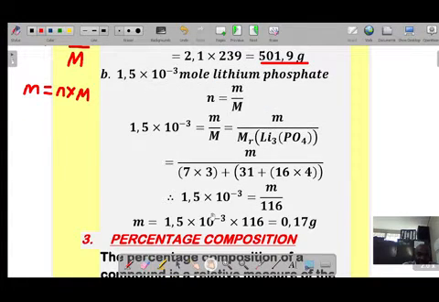By cross multiplying, you multiply the moles times the molar mass, which gives us a mass of 0.17 grams. So hope that was pretty simple. Let us proceed to the percentage composition.